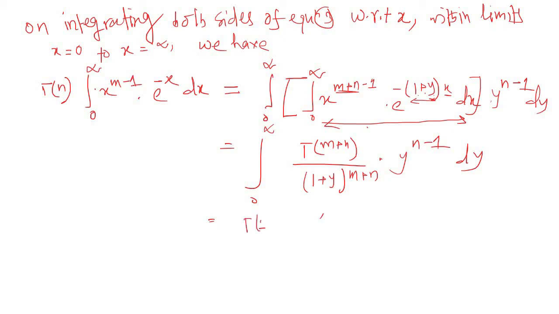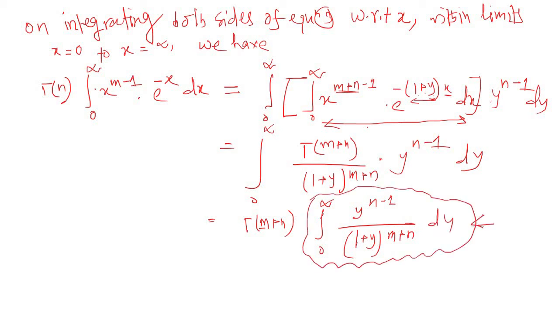That is gamma m plus n, integration 0 to infinity y to the power n minus 1 over (1 plus y) to the power m plus n dy.